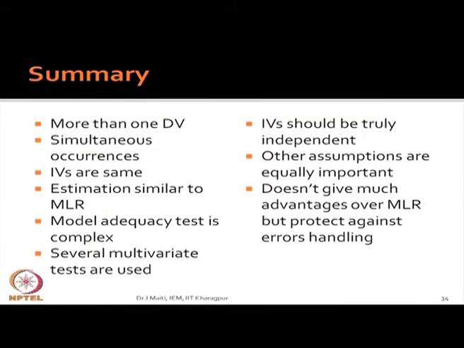When you have multiple Y variables and you are able to show that assumptions are not violated or are reasonably followed, it is better to go for MBLR, multivariate regression, first, and then test through different tests.